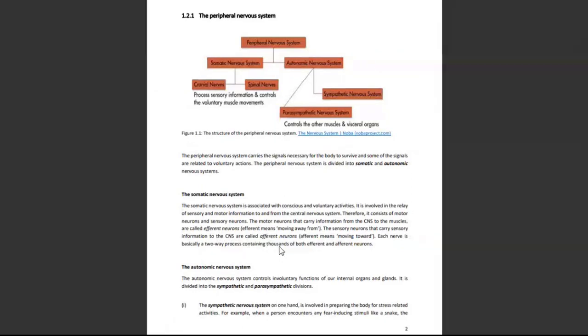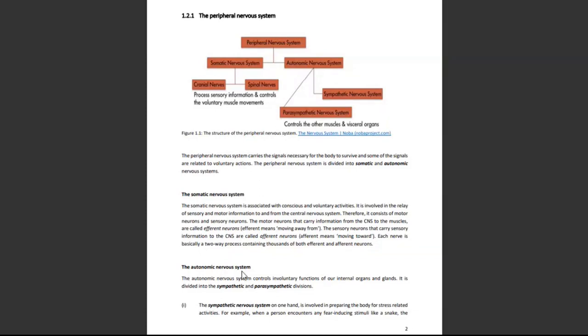Same applies to our body. We have neurons. Neurons are wire-like. They are connected together. I hope I'm clear. I'll give you time to ask questions.